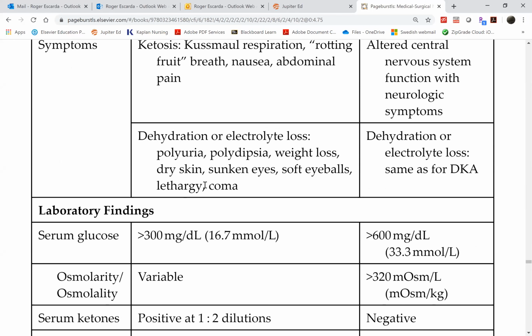So the cells will become dehydrated because now water moves from the cell into the bloodstream, into plasma, increasing blood volume, increasing blood pressure, increasing perfusion to the kidneys, increasing urine output. That's how osmotic diuresis occurs.